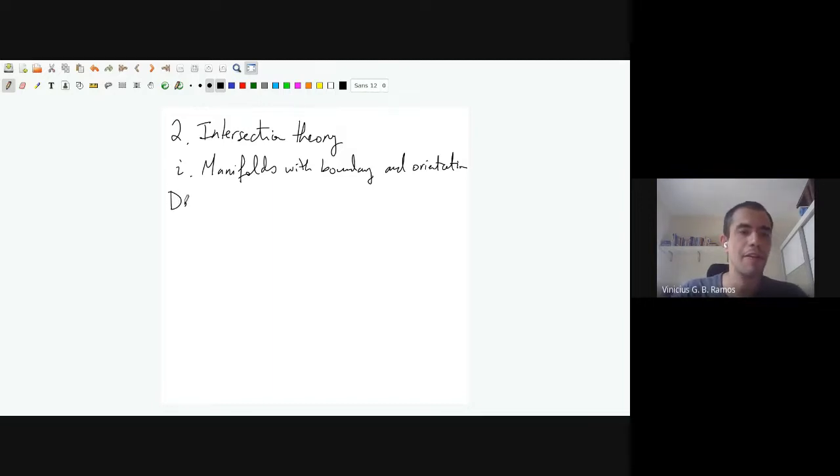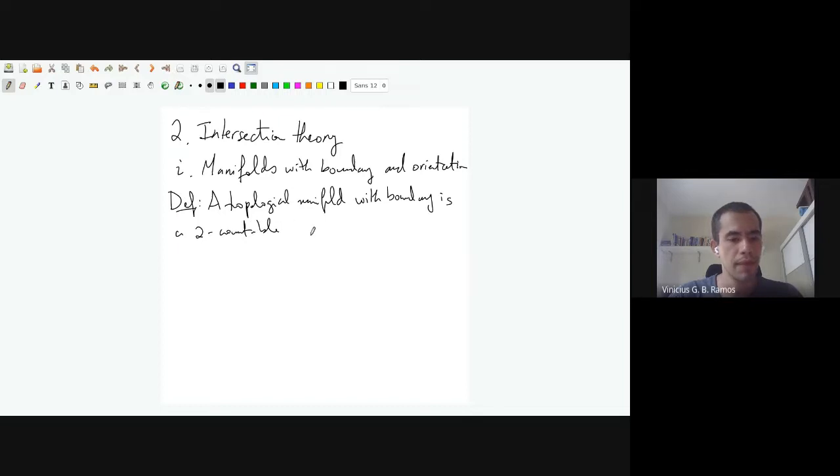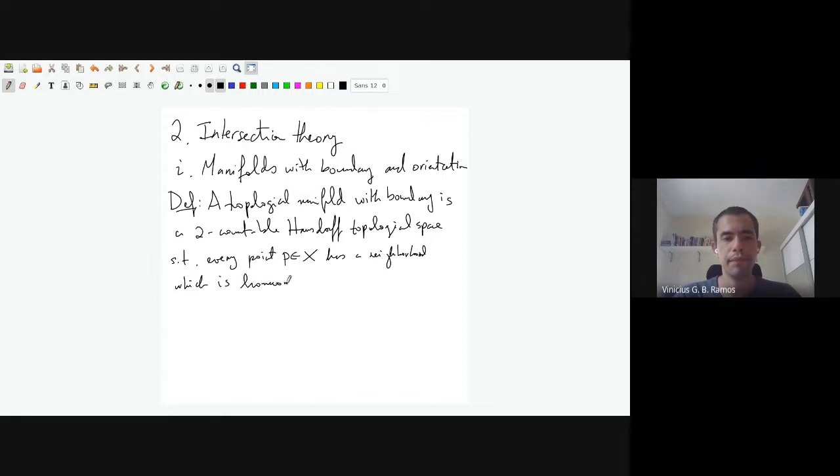Okay, so first of all, we have to say what a topological manifold with boundary is. A topological manifold with boundary is a second countable Hausdorff topological space such that every point x in X has a neighborhood which is homeomorphic to an open set in what I'm going to call Hn.